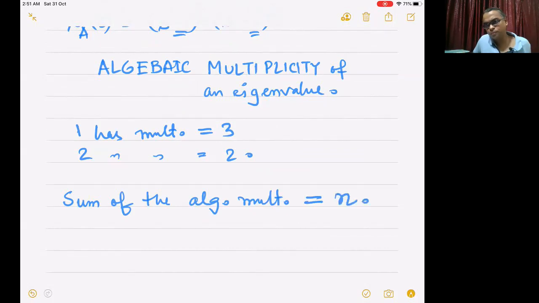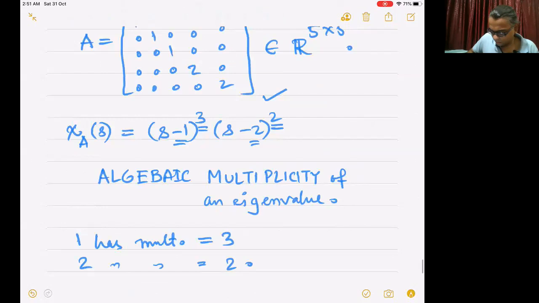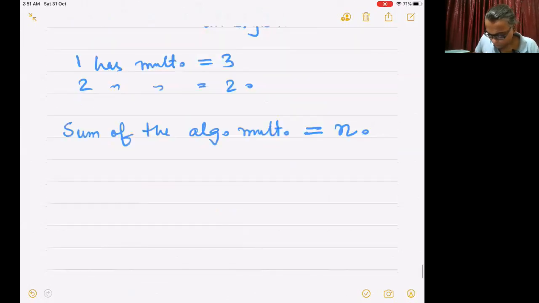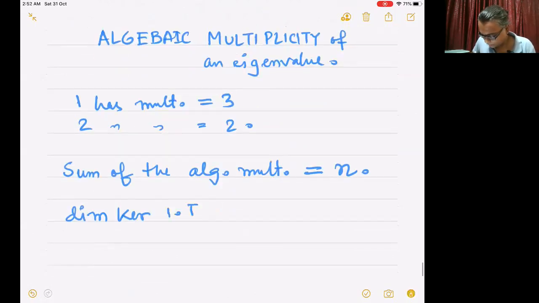This is always true. However, this matrix has a speciality. What is that? If I look at this number, the dimension of the null space of 1 times identity minus A, this is equal to 3.